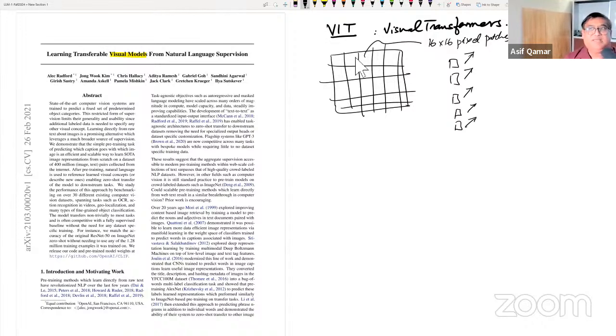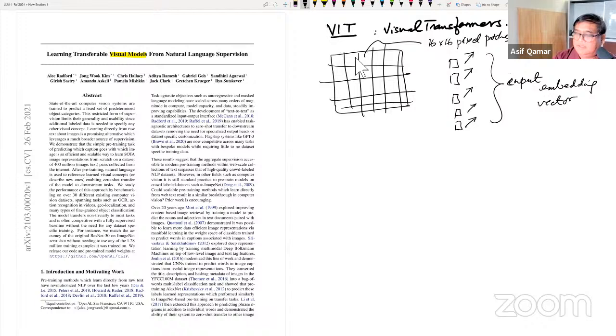And from them, through some projection, making them into embedding input. Right. So each patch is essentially like a token for a transformer.